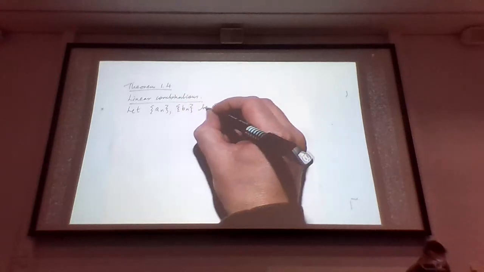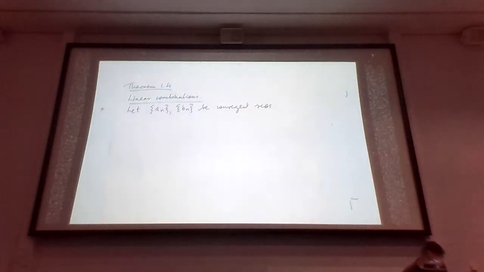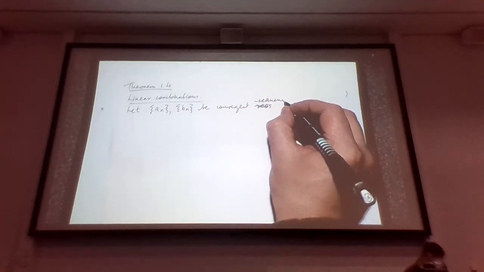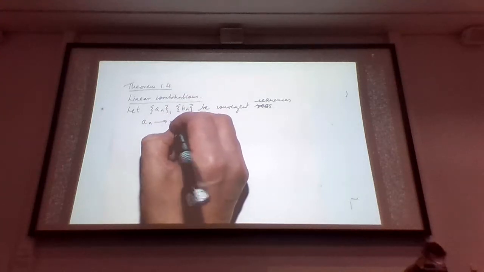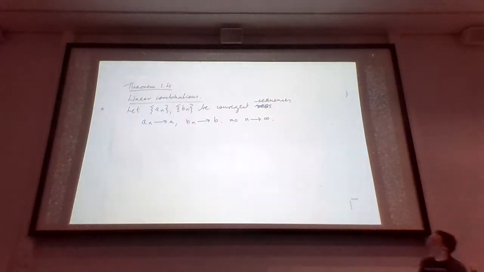We're working with two convergent sequences, with a_n converging to a, b_n converging to b. So I name the two limits as a and b. Theorem 1.4 claims that the limit of alpha a_n plus beta b_n is alpha a plus beta b.